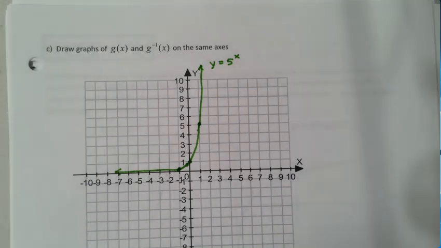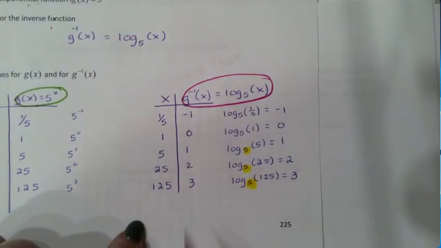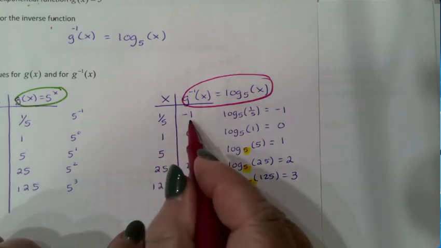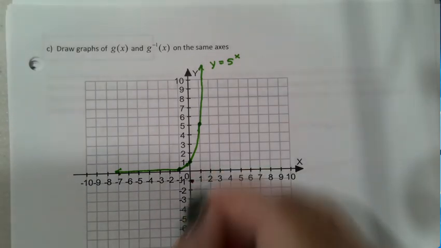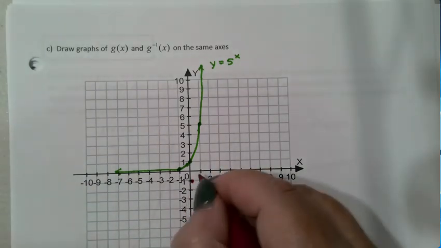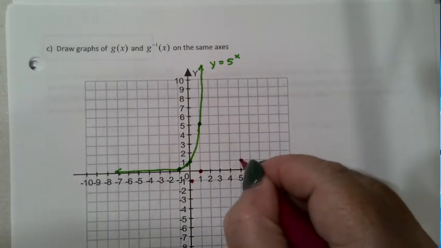We'll have some of the same issues with the inverse function, the log base 5 of x. I'm going to take as many of these points as I can, and I'll graph that in pink. So starting with 1/5, -1, 1, 0, and 5, 1.